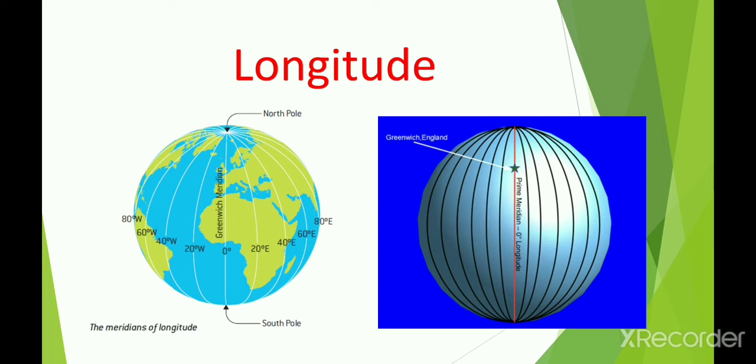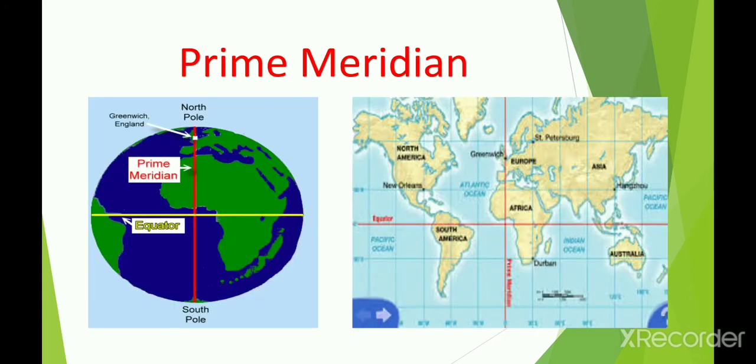You can see different longitudes have different times because every longitude has a 4 minute difference, and the prime meridian is drawn at 0 degree. And what is the prime meridian? The longitude that passes through Greenwich near London at 0 degree is the prime meridian. You can see in the diagram how the prime meridian passes through Greenwich near London.